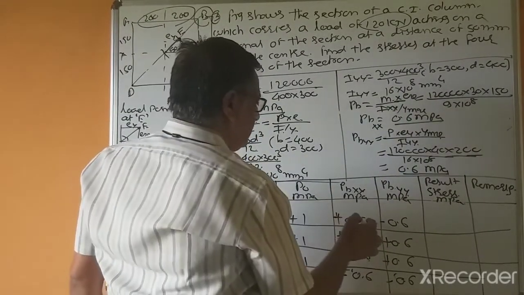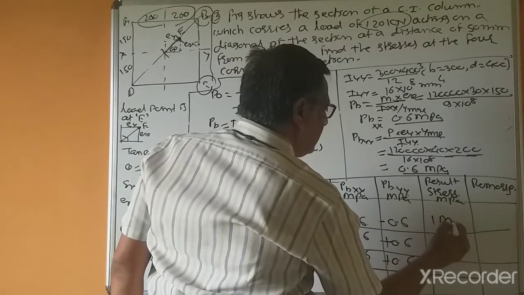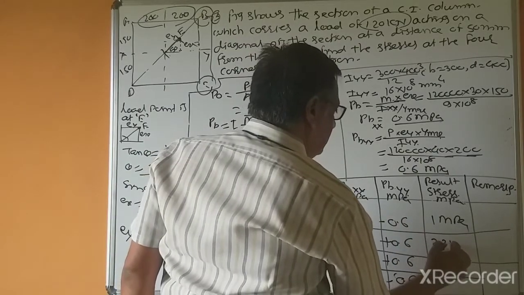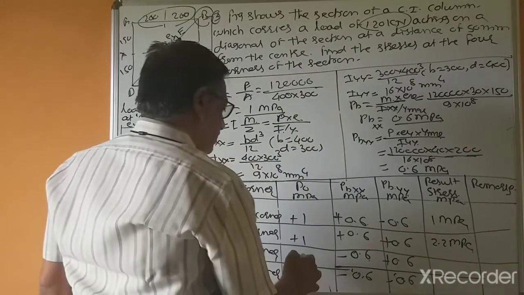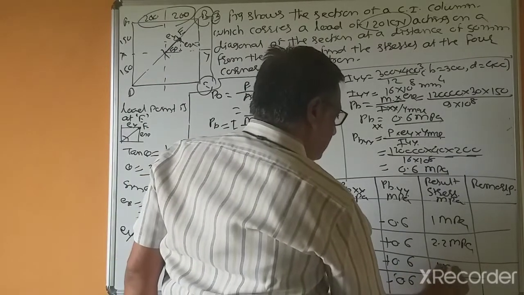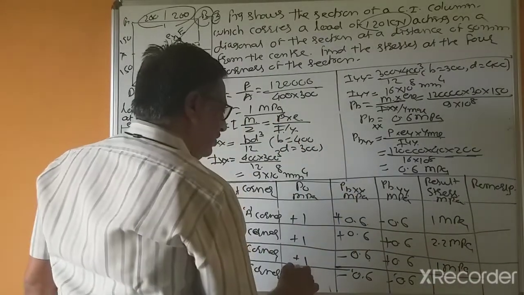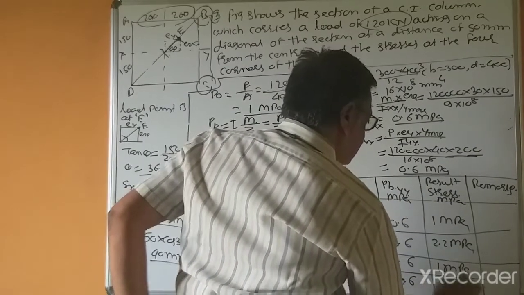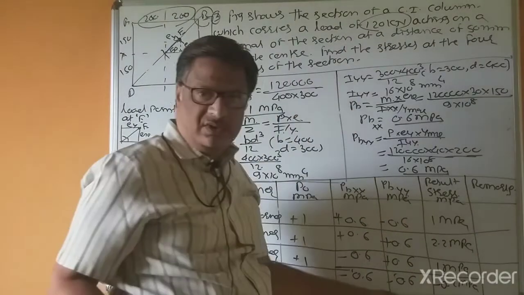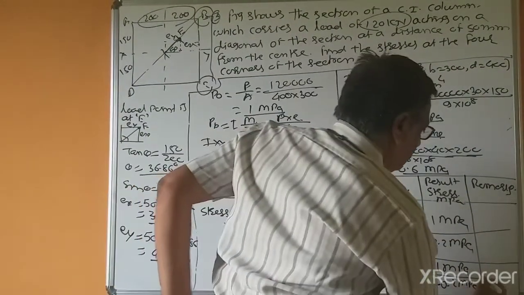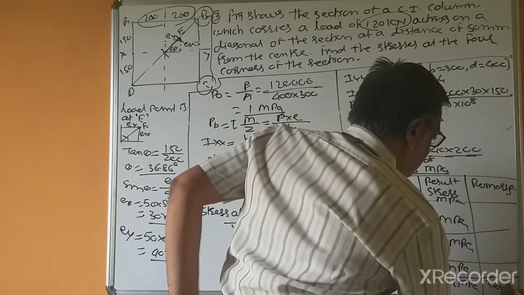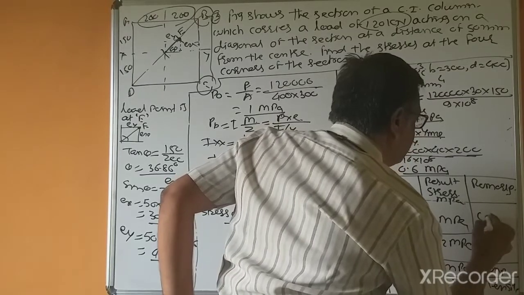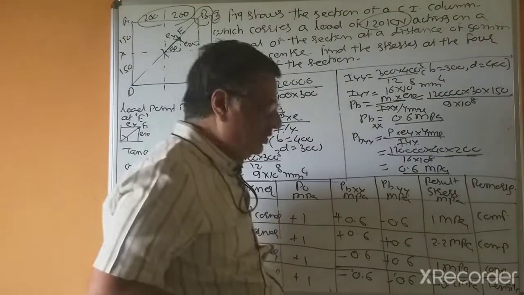So this is 1 megapascal, this is 2.2 megapascal, again 1 megapascal, and this is 0.2 megapascal. A negative sign indicates this stress is tensile, and a positive sign is compressive.